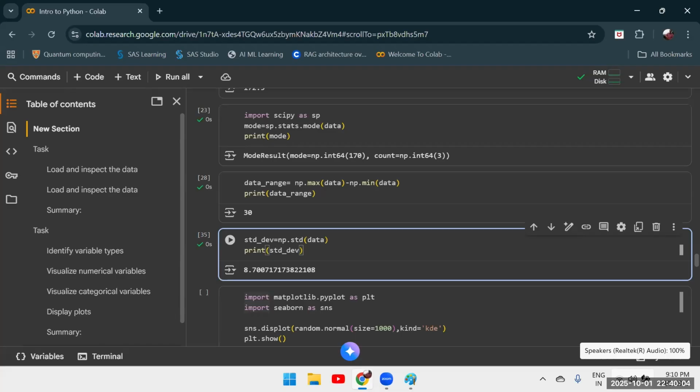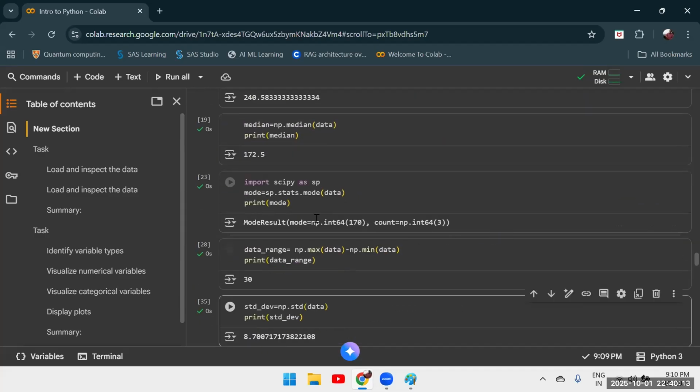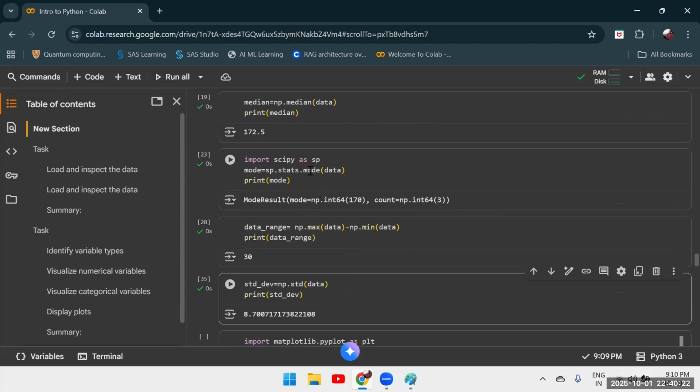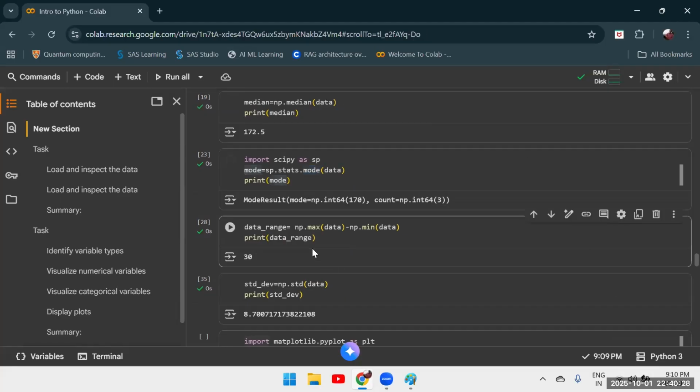See, that's what we saw, right? We have inbuilt functions in NumPy, so you just need to make use of these functions. For example, for mean you just say np.mean. For median, np.median. For mode, you import the stats module and ask for the mode. Range is also available in NumPy itself.